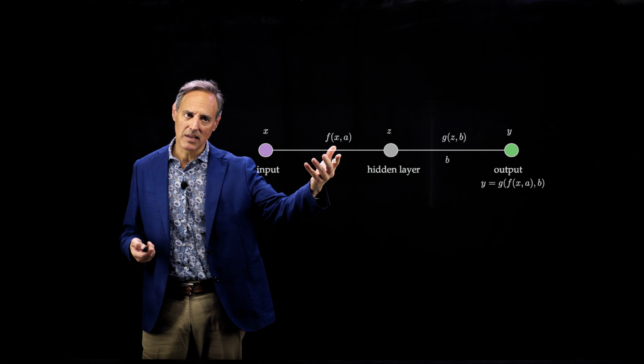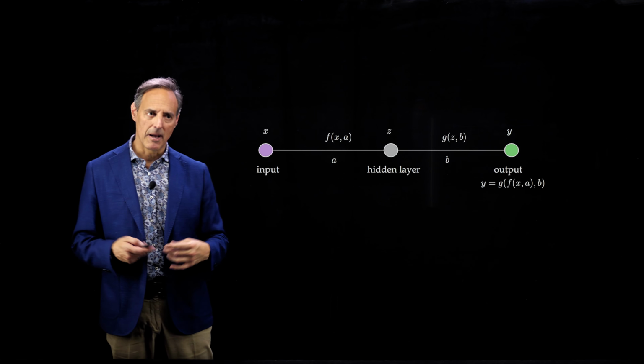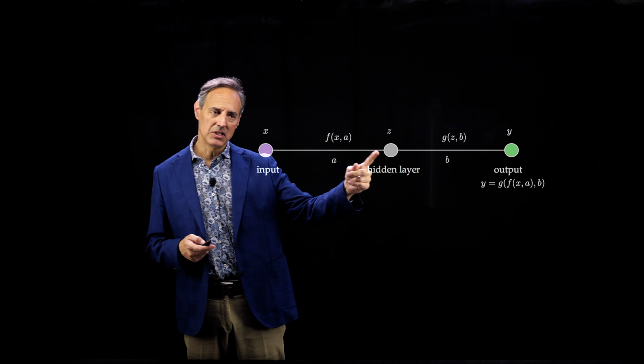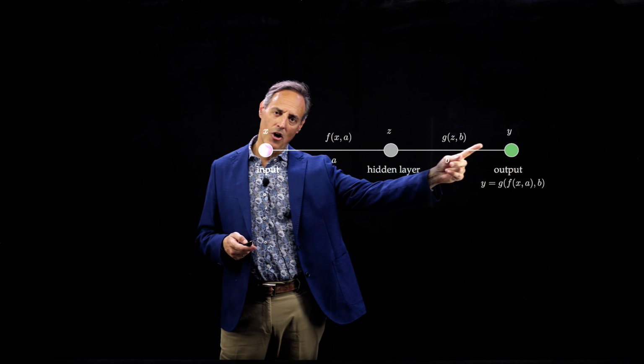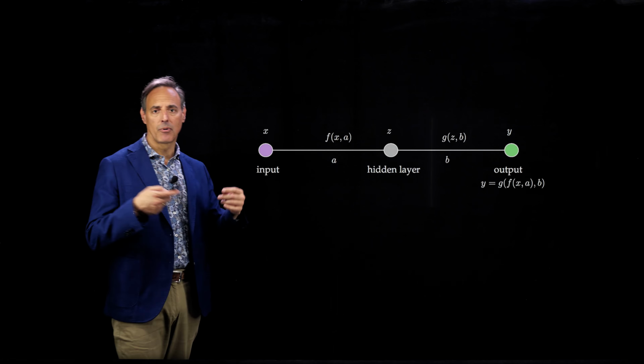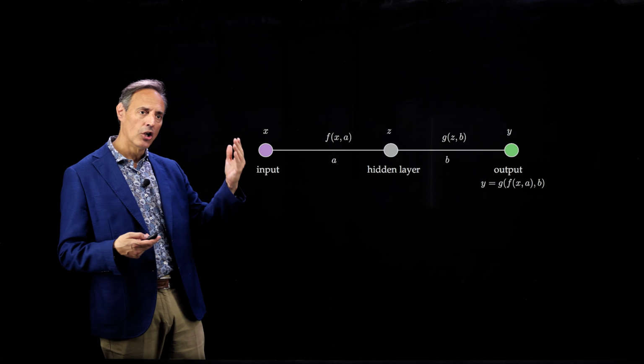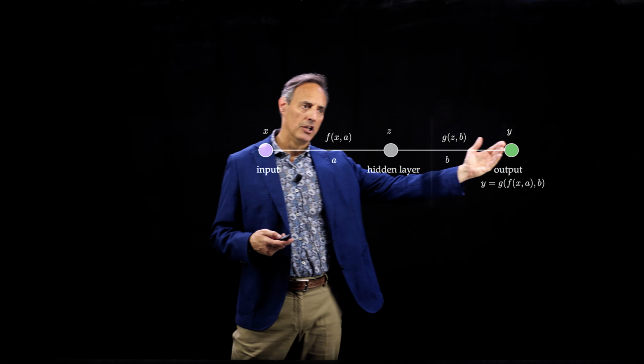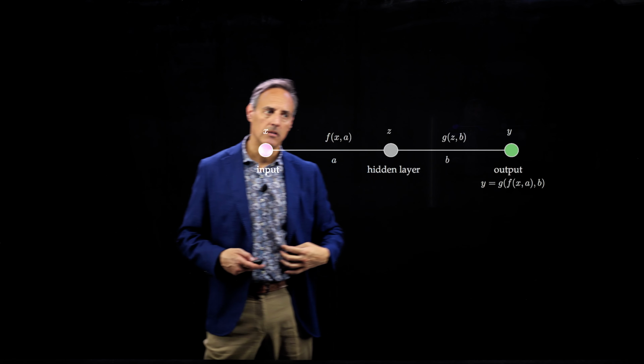So I'm going to assume that this activation function has one parameter. And then from z, I map to the target output y through some activation function g, parameterized by b. So I have a parameter a, and I have a parameter b that I have to determine, which would take me from the input to the target, which is the output, okay?